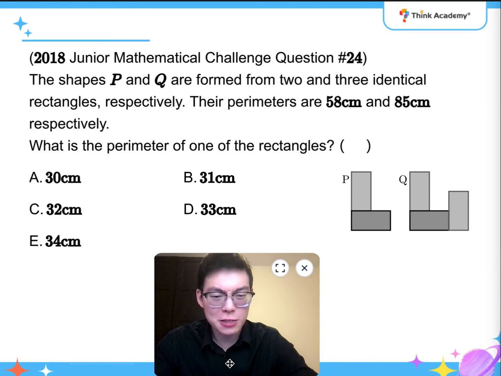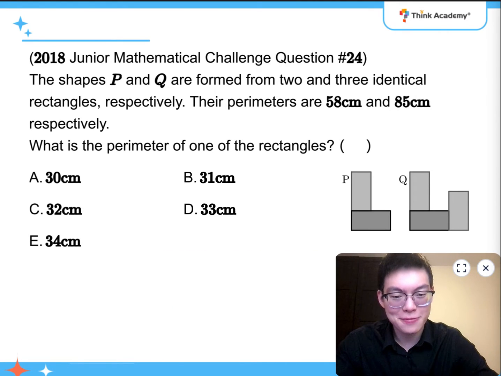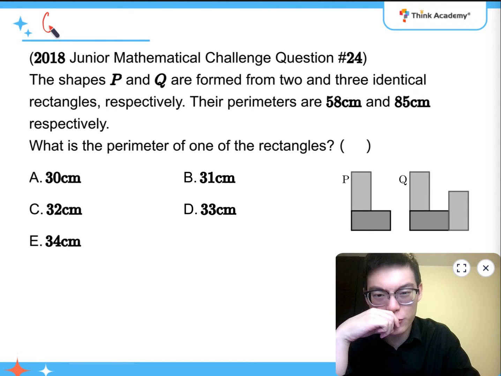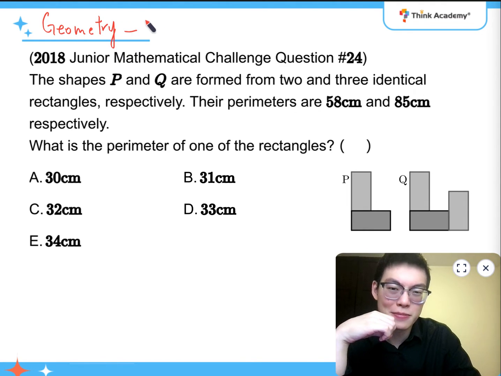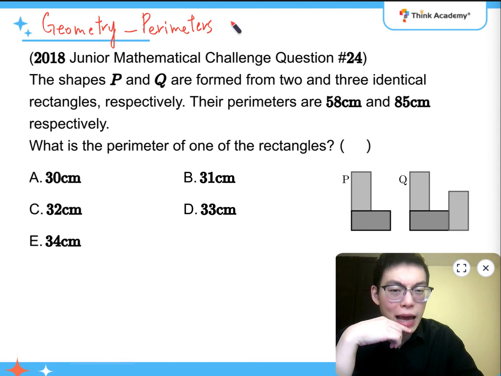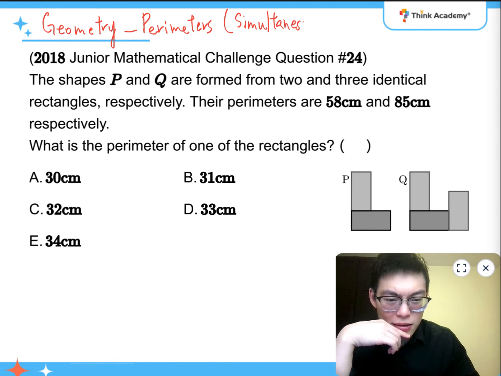And for the next question, this one is interesting. So again, this is a question in geometry. And it's about perimeters. But then actually, it is still testing you on the simultaneous equations.